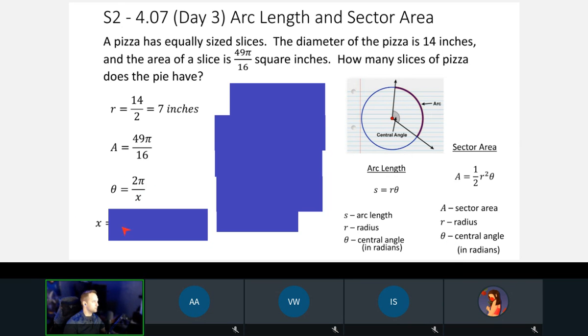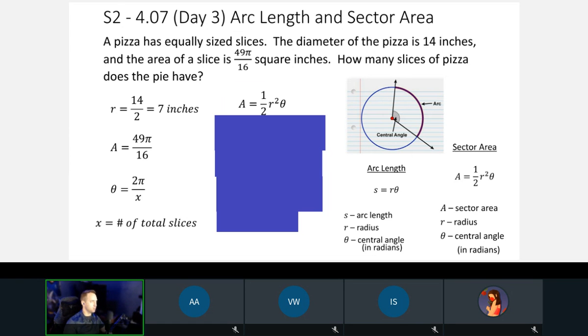All right. Next. Well, we're just going to resolve for x by switching theta and x, doing that little trick I taught y'all. Oh, sorry, we don't do that yet. So x is number of slices. I talked about that already. All right, next we're going to use the area formula.